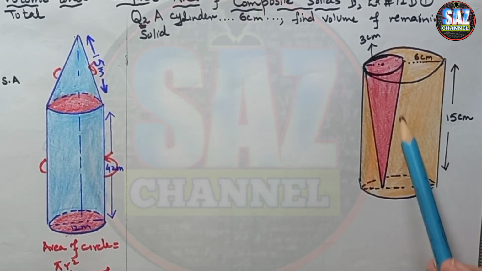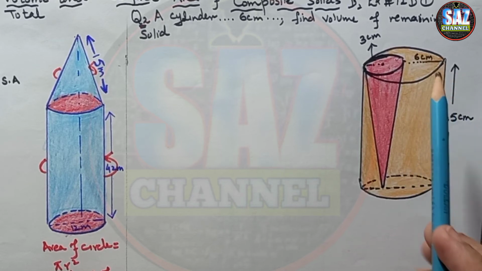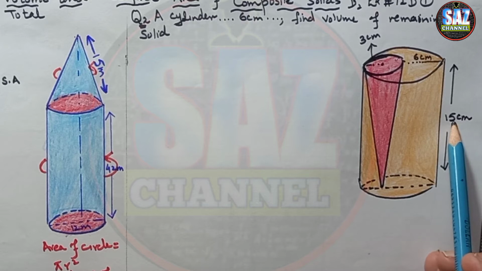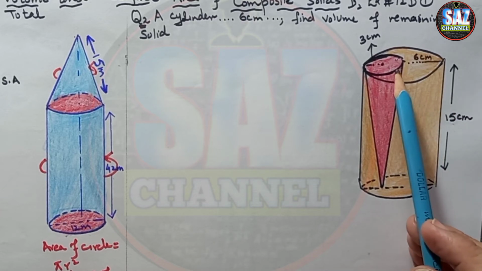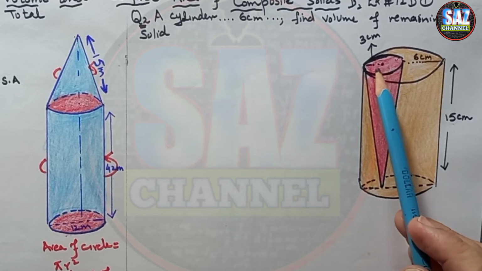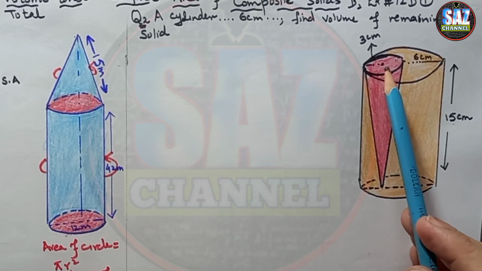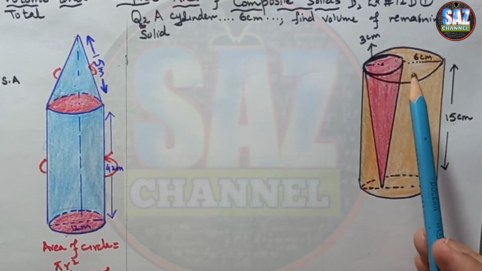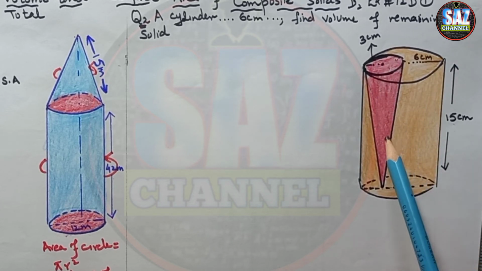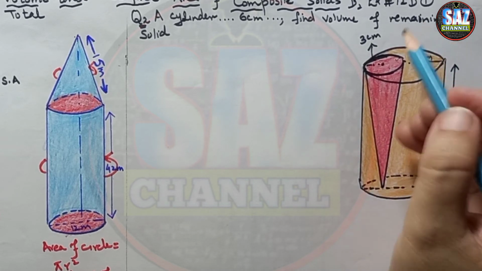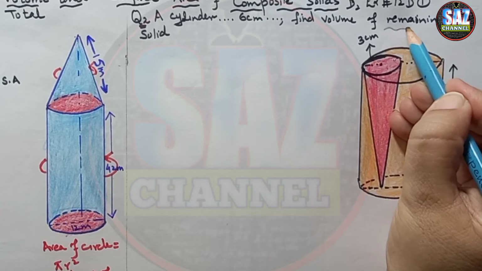In the beginning, we have a cylinder which has a radius 6 centimeter and height 15 centimeter. We are drilling a hole in one of its ends, and that hole is in the shape of a cone with radius 3 centimeter, and we have to find the volume of the remaining solid. So it is important to understand the meaning of the term remaining.